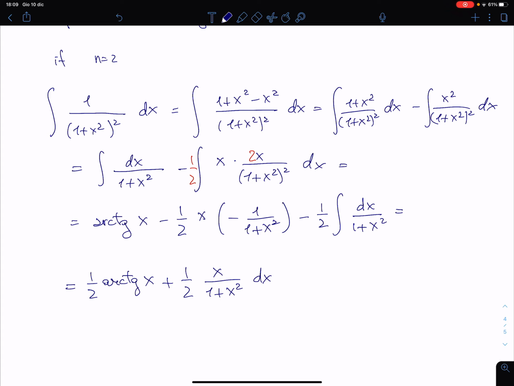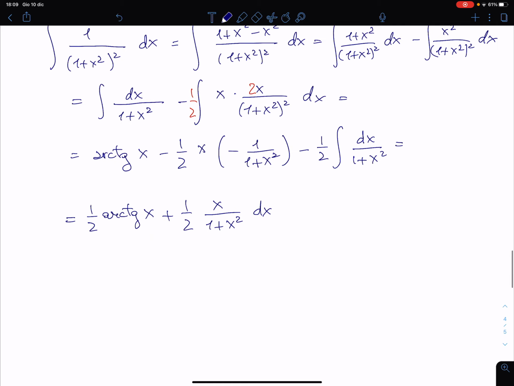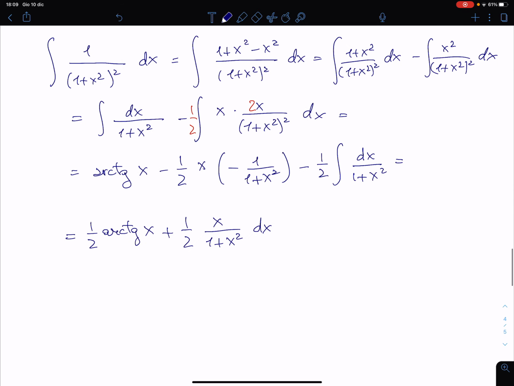Okay, perhaps here, let me verify this. If we differentiate it, we have 1/2 arctangent of x plus 1/2 x divided by 1 plus x squared.